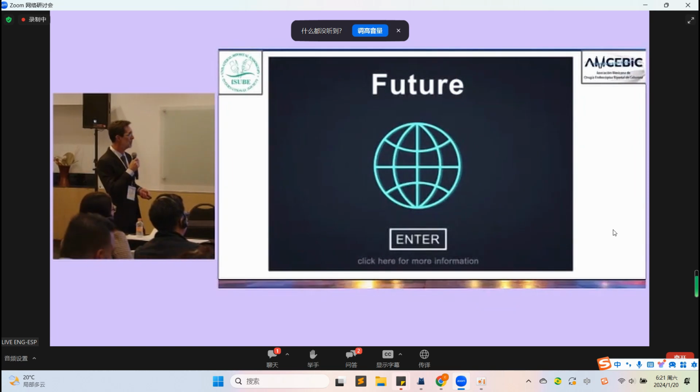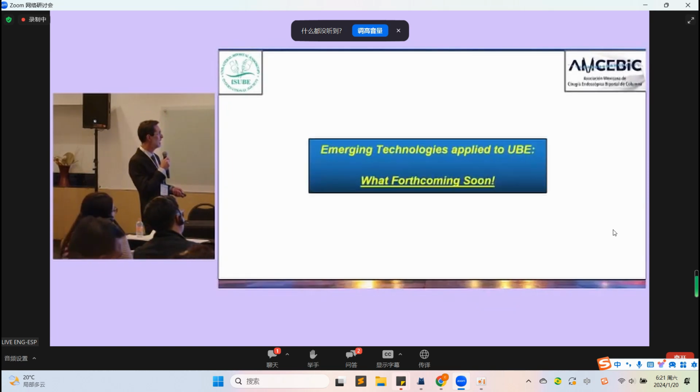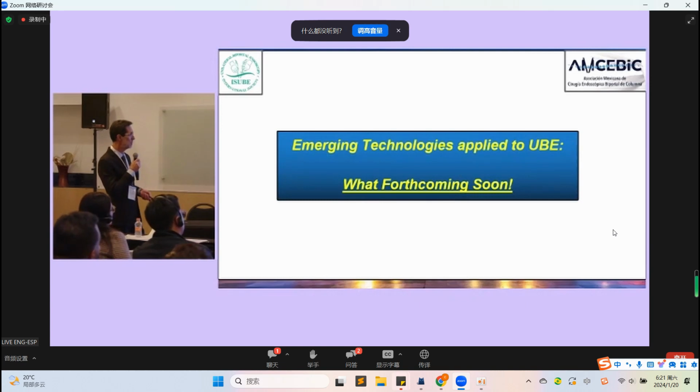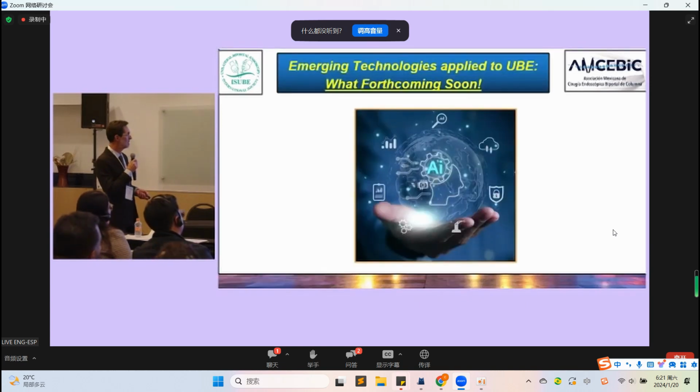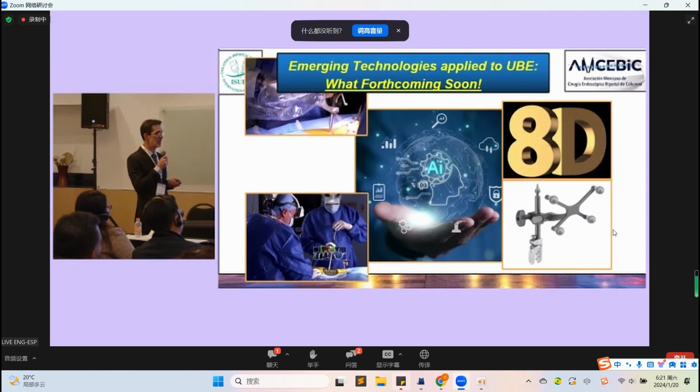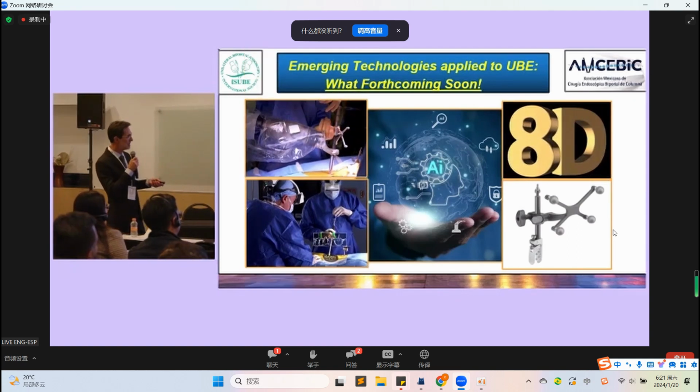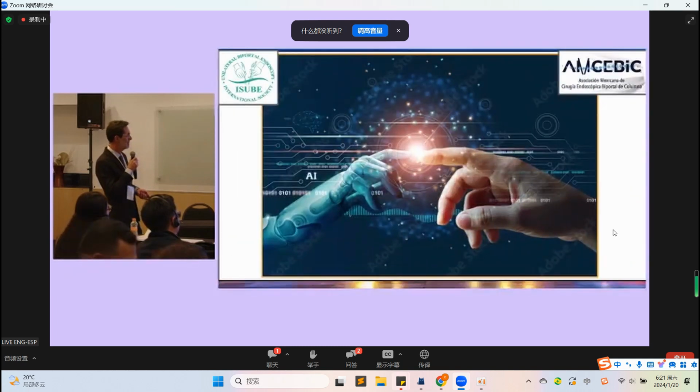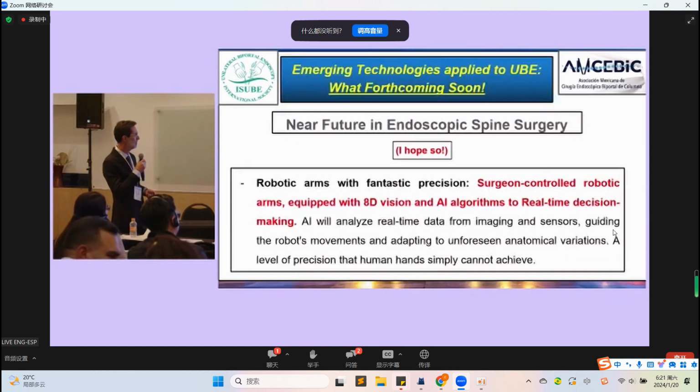And the future, to finalize, what is forthcoming soon? Well, I think that the mix of all this technology with AI, artificial intelligence, is the future of technology in spine surgery. The complete integration of human and robot technology.